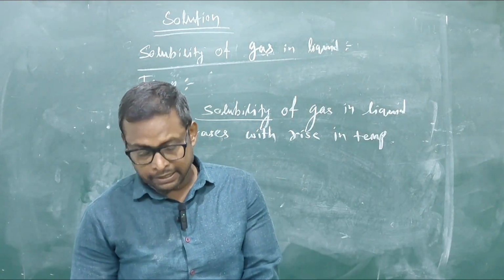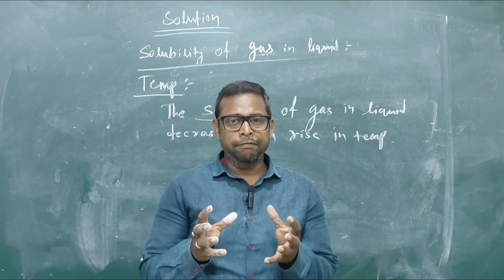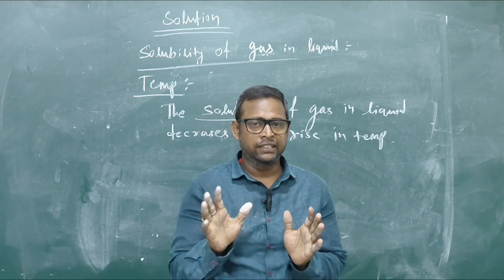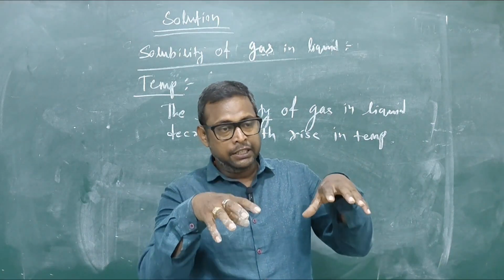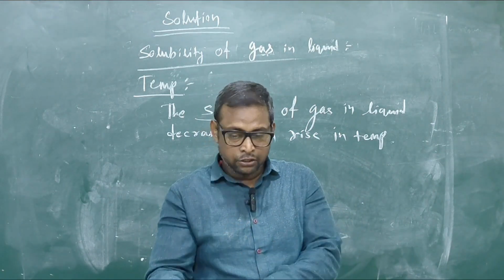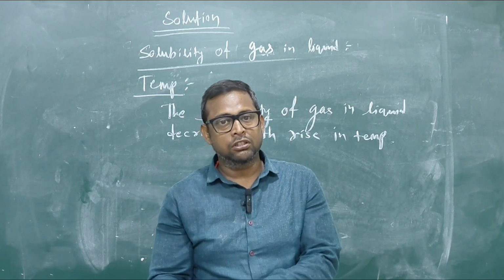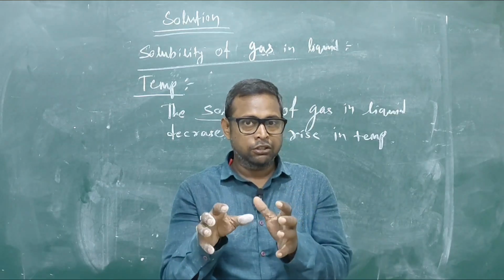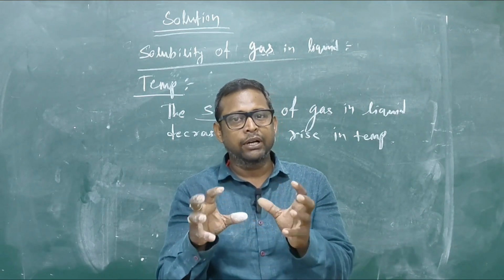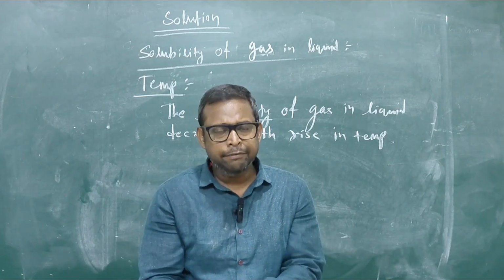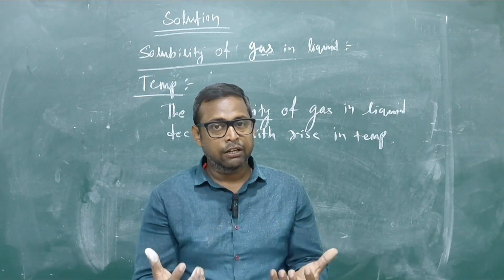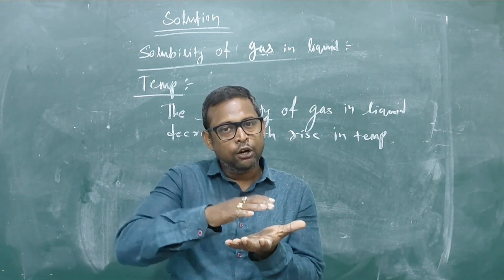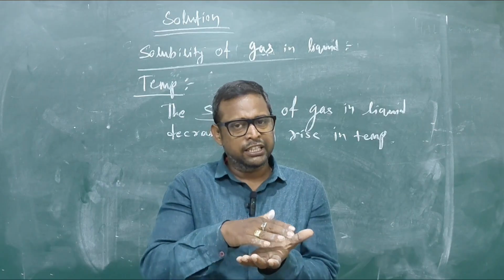देखो एक सबसे अच्छा एग्जांपल देता हूं. If you can see aquatic animals, मछली, if the temperature will increase, they will reach to the deeper side of the ponds or any water bodies, because they breathe through gills using dissolved oxygen for respiration. The concentration of oxygen in warm water is less.